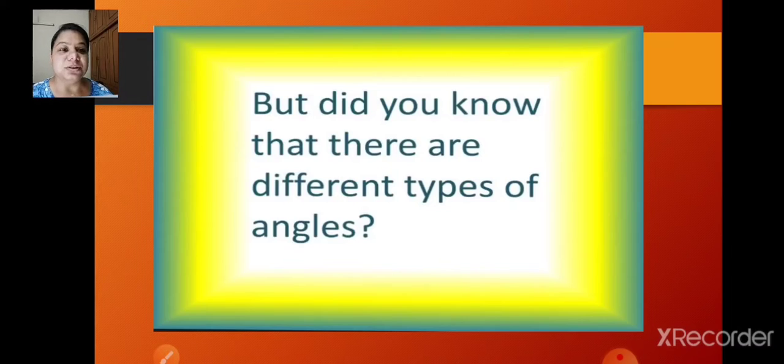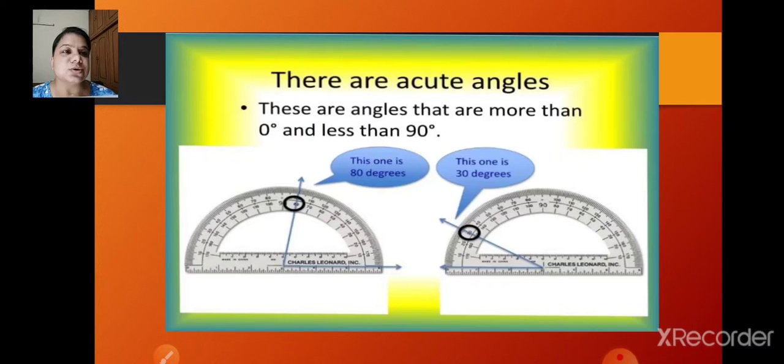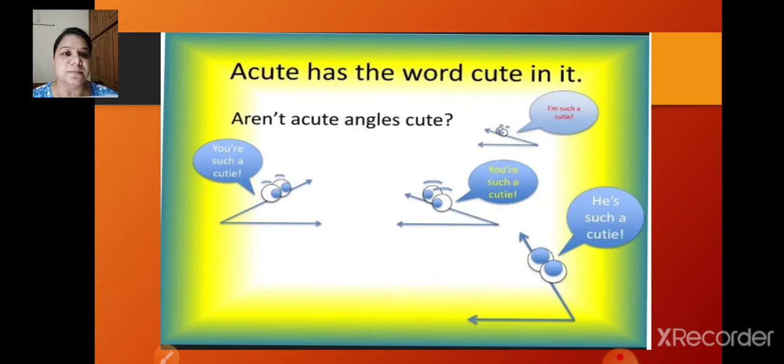But did you know that there are different types of angles? So today we are going to discuss those different types of angles. There are some smaller angles which are more than 0 degree but less than 90 degree. Just check here both the angles, one is 80 degree and the other is 30 degree.